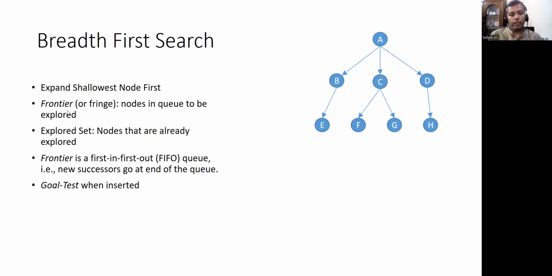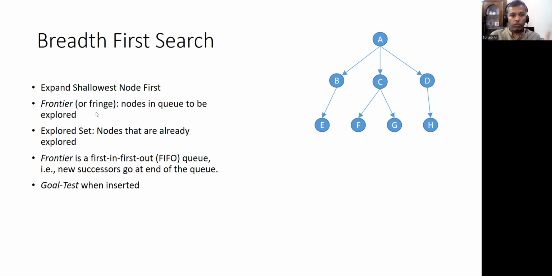The first array will store the nodes that I have already explored, and the other array will store the nodes that I'm going to explore in future. So let's say I have all of these 8 nodes.